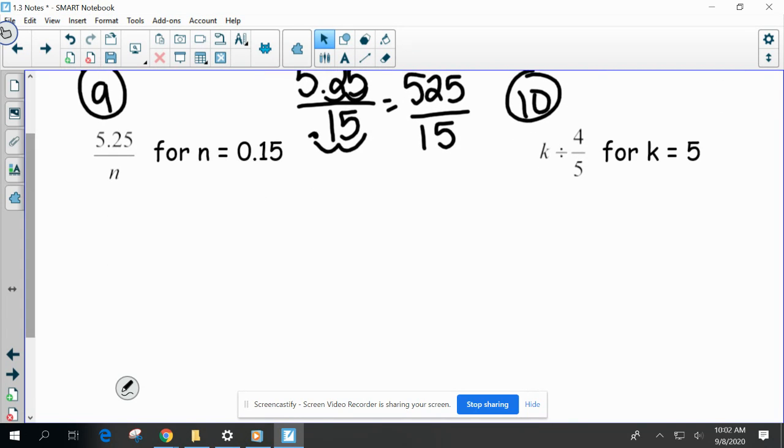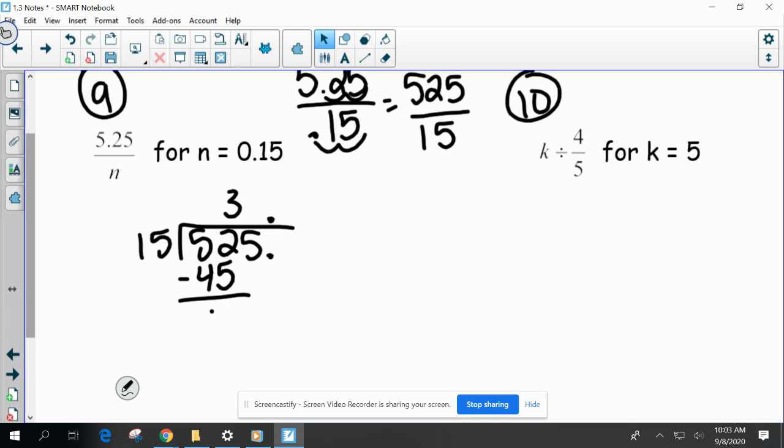So how many times does 15 go into 52? And that would be 45, and I would subtract that and get 75. So 15 goes into 75 6 whole times, and that equals 75.